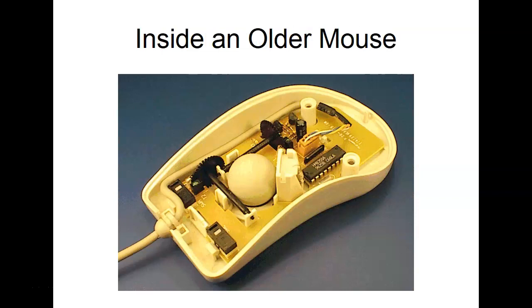This is the old mouse. Here's the old mouse. Here, what type of encoders? Can y'all see them? The incremental encoders. Here's actually the sensors right here. So it had a light sensor that was in between. Here's the actual left and right button. And basically, when you turn the ball, it either moved this one or that one.